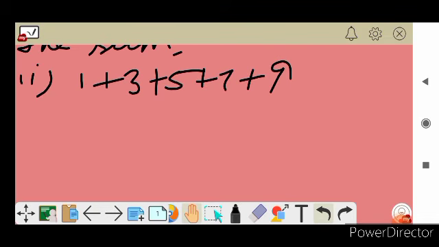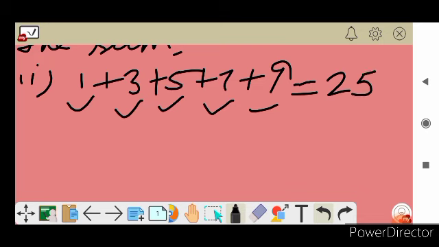We will not add all the numbers, only count them: 1 2 3 4 5. So the sum of these numbers is 25, which is a perfect square, 5 square. 5 square means 5 multiplied by 5, which gives 25. Okay, so you can solve all these parts by this method.